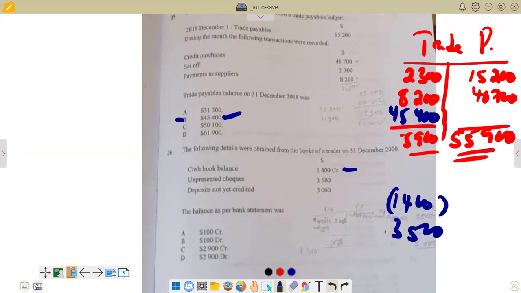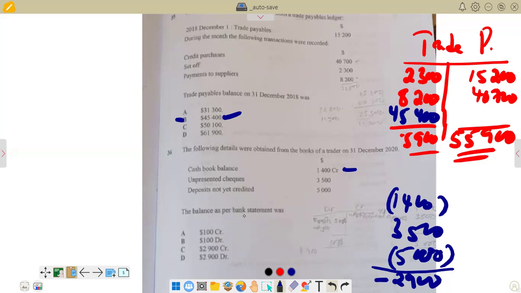So we are adding 3,500, and then we are subtracting deposits not yet credited, which is 5,000. Then we subtract this and we see what we get there. After calculating, we see that we are going to get a negative 2,900.